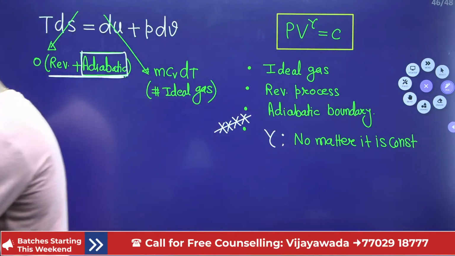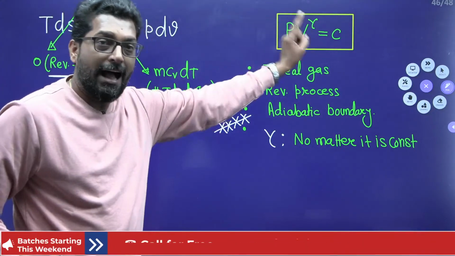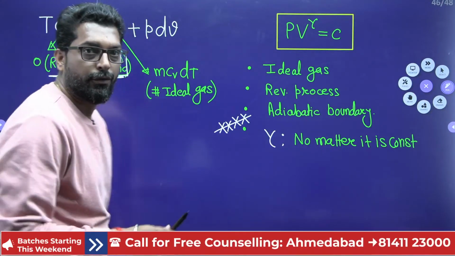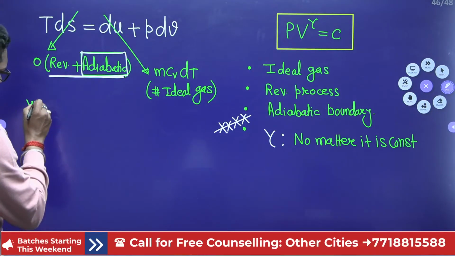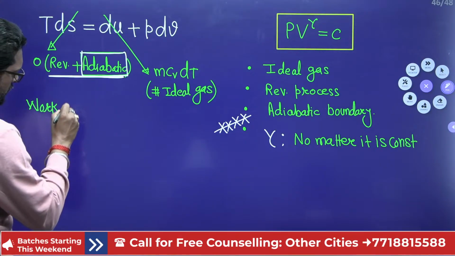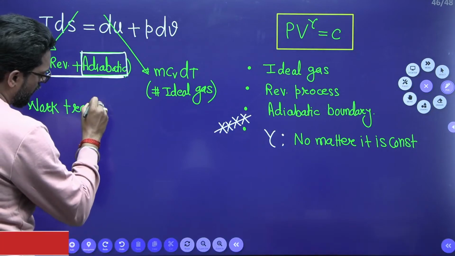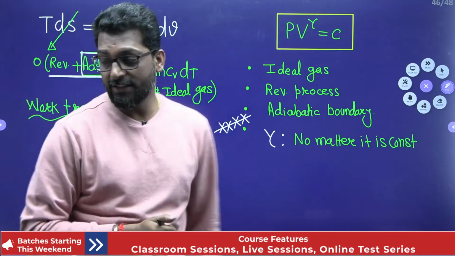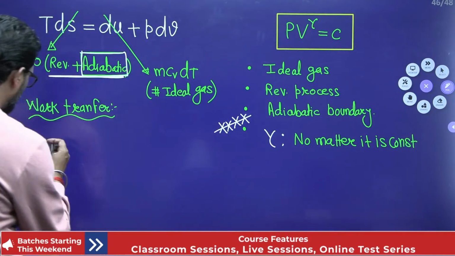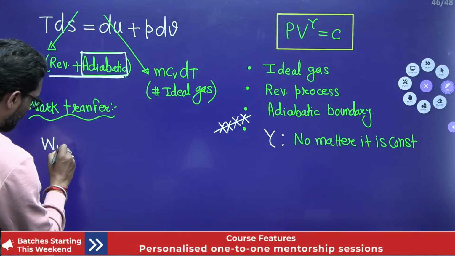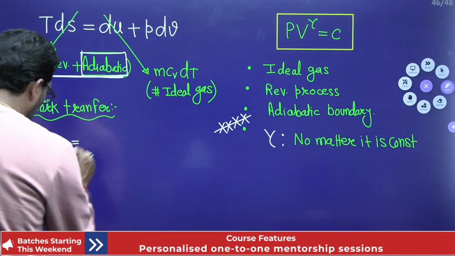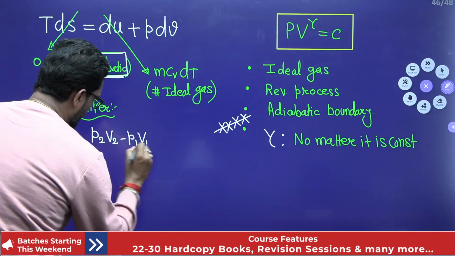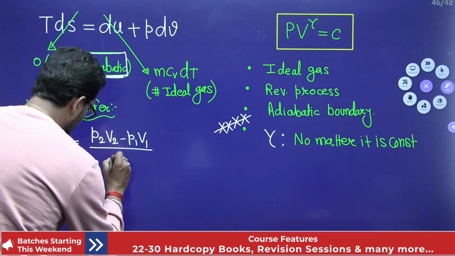Now, if you have this reversible adiabatic process, and if you find the work transfer, what is the value? We know that work transfer for process 1 to 2 is equal to (P2 V2 minus P1 V1) divided by (1 minus gamma).